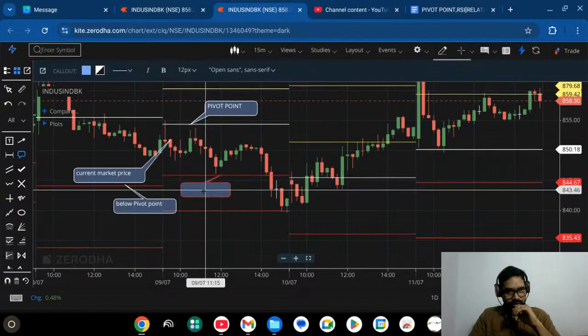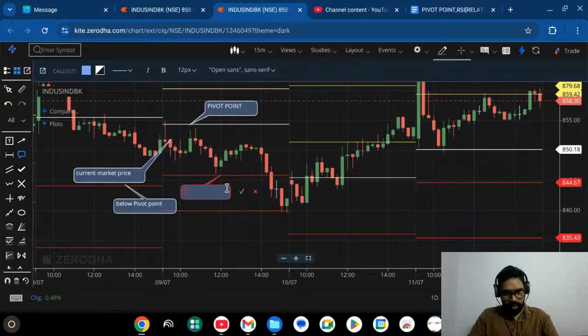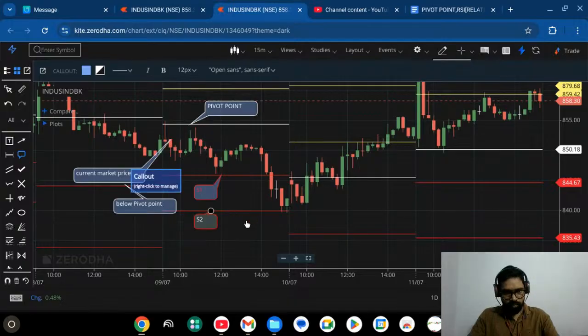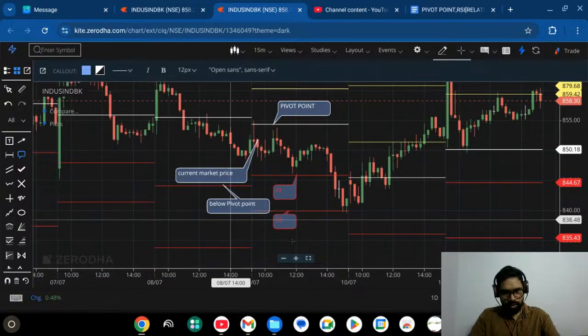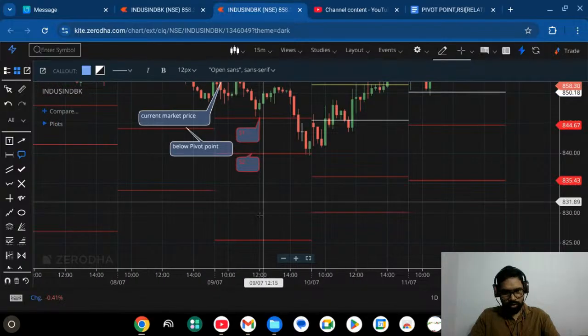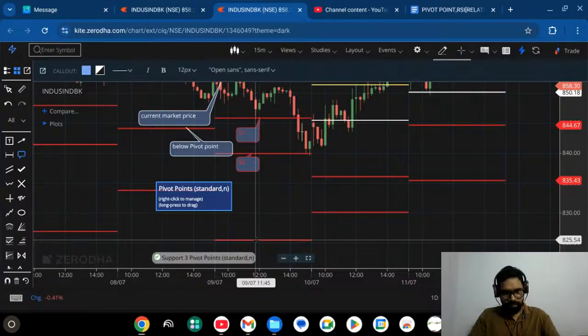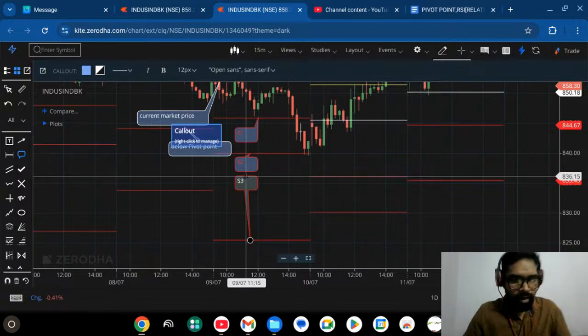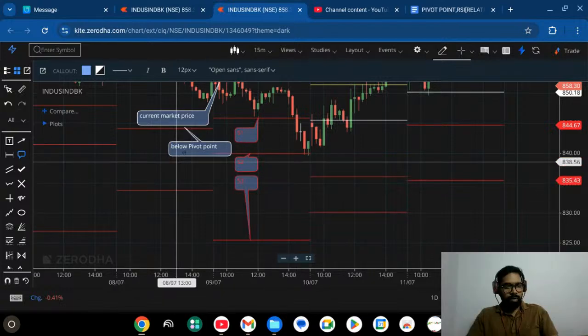This is called the S1 level. Second support, S2, and the third support as well should be there. This is called the S3 level. Okay, so now the price is below the pivot point, so the trend is a sell trend.